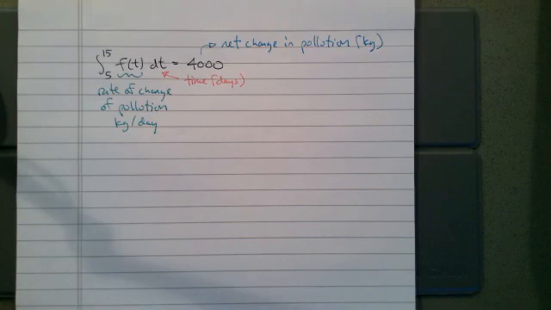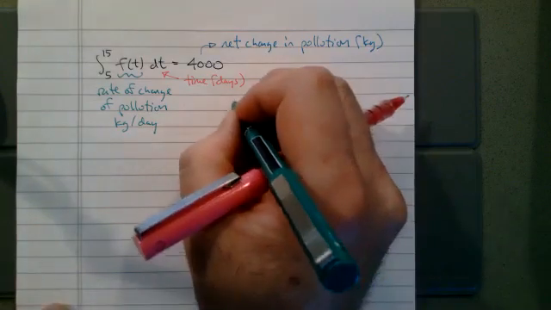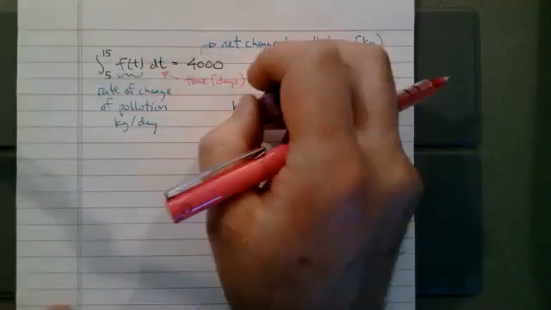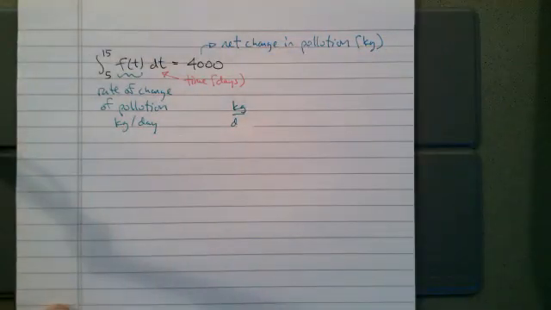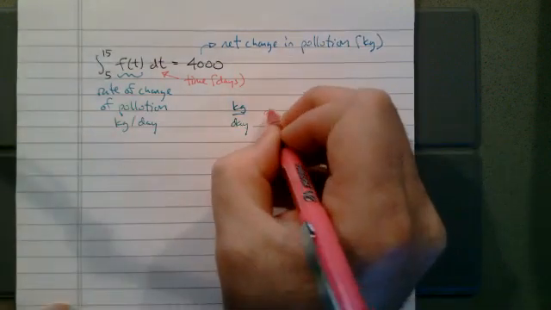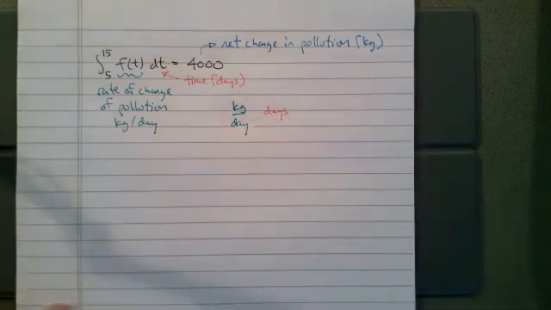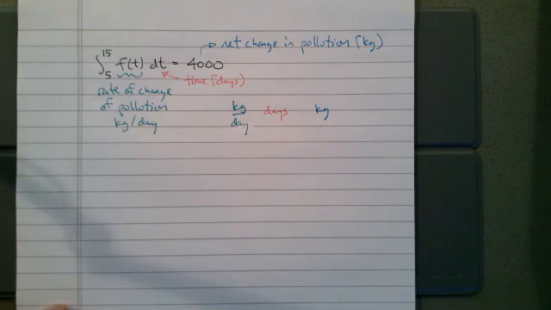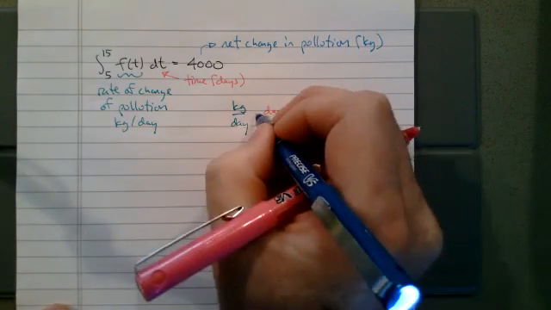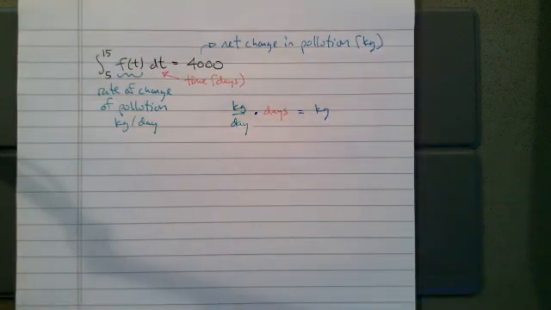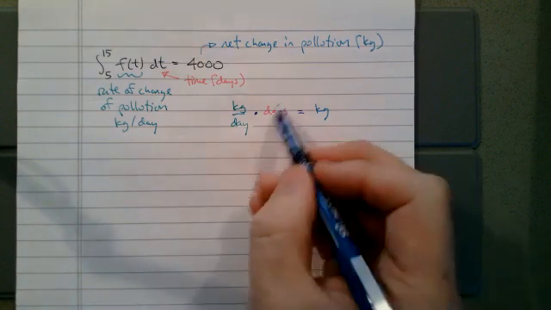If we think of that dt there representing days, we have kilograms per day, and we multiply by the number of days. That will result in kilograms. The unit analysis says so. Kilograms per day multiplied by days will give us kilograms, as we can cancel the days.